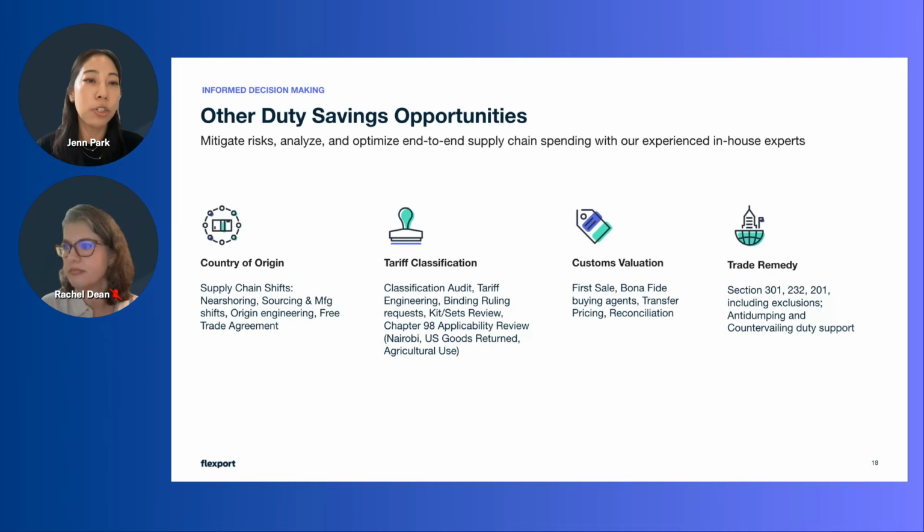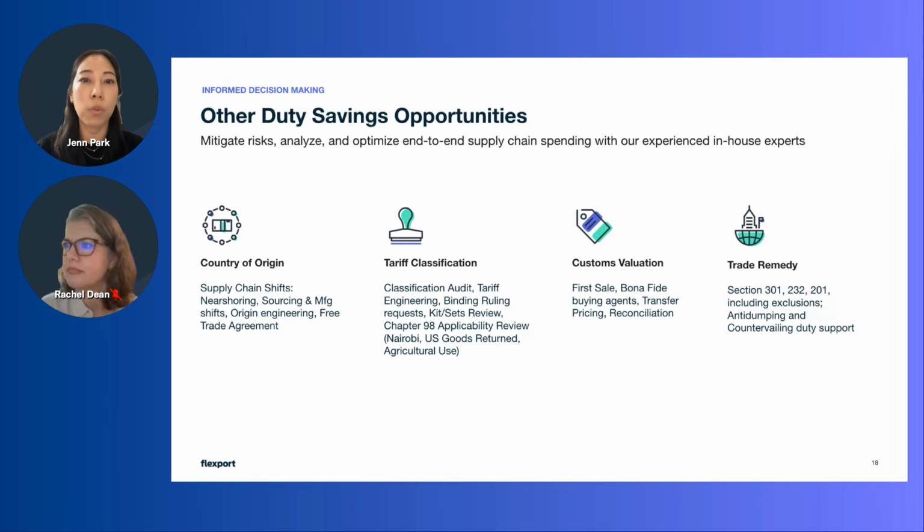But also, Chapter 98 reviews have been very high in demand. So they're looking at 98 as a provision to bring their goods in duty free. There are certain rules in Chapter 98 programs. So there's the Nairobi Protocol, U.S. goods return, agricultural use.